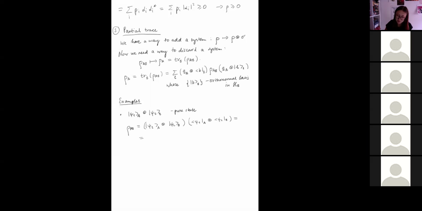Then because the tensor products act on separate spaces, we can just reduce the action to the individual Hilbert spaces. So it will be psi1 psi1A tensor product psi2 psi2B.